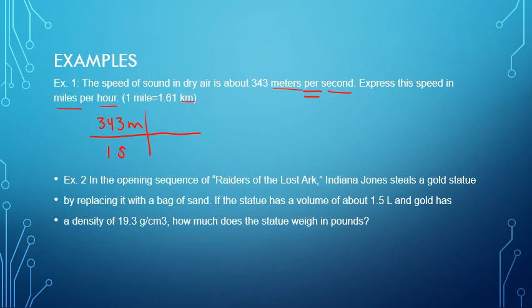So I have kilometers here, you'll notice, and I have meters. So the first thing I need to do is get my meters into kilometers. So for every 1,000 meters, I know that is the equivalent of 1 kilometer, so those would cancel. And now here I have my kilometers and miles. So I could then put 1.61 kilometers and 1 mile in the numerator.